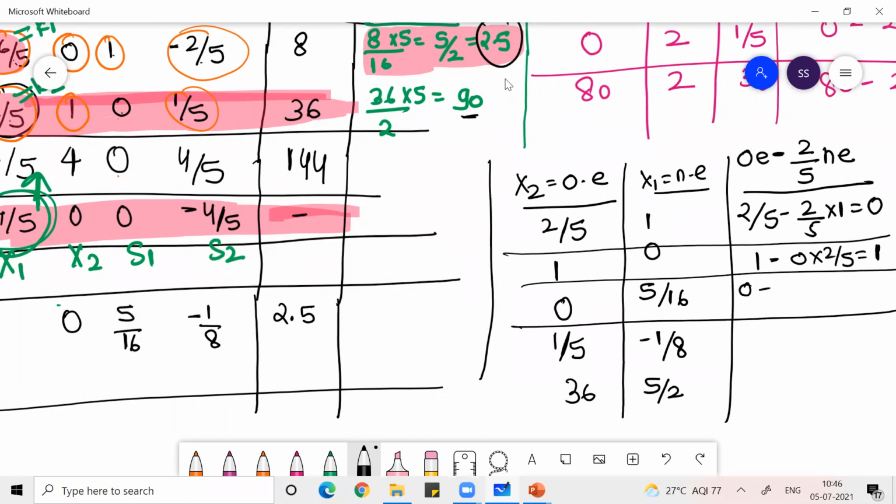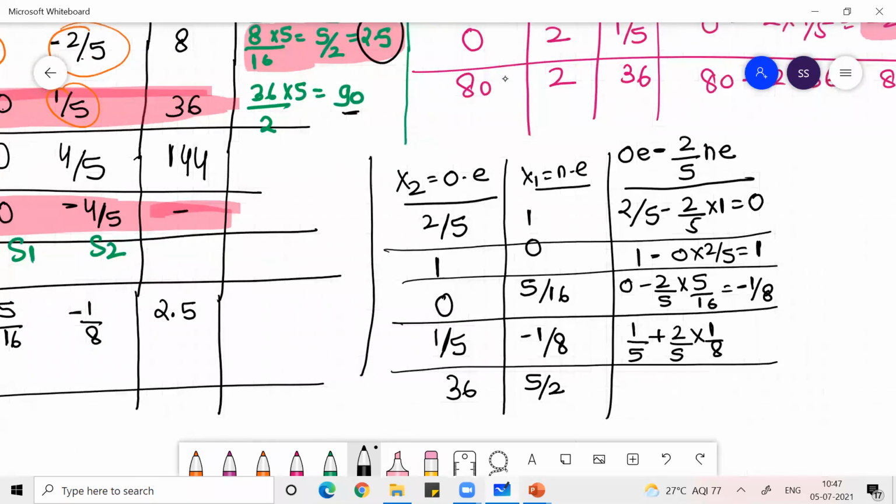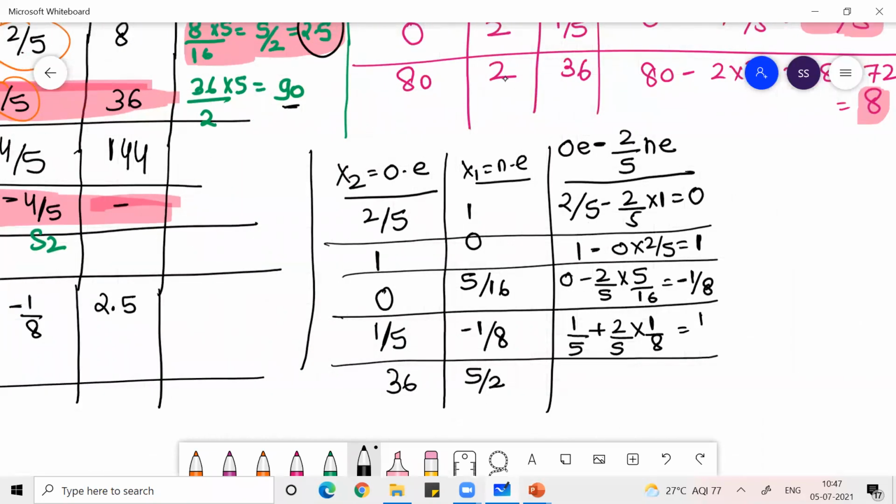Then 0 minus 2 by 5 into 5 by 16, you will get minus 1 by 8. Then 1 by 5 minus minus, plus 2 by 5 into 1 by 8. If you solve, you will get 1 by 5 plus 2 by 40, 40 is the LCM. So 8 plus 2, 10, is equal to 1 by 4.